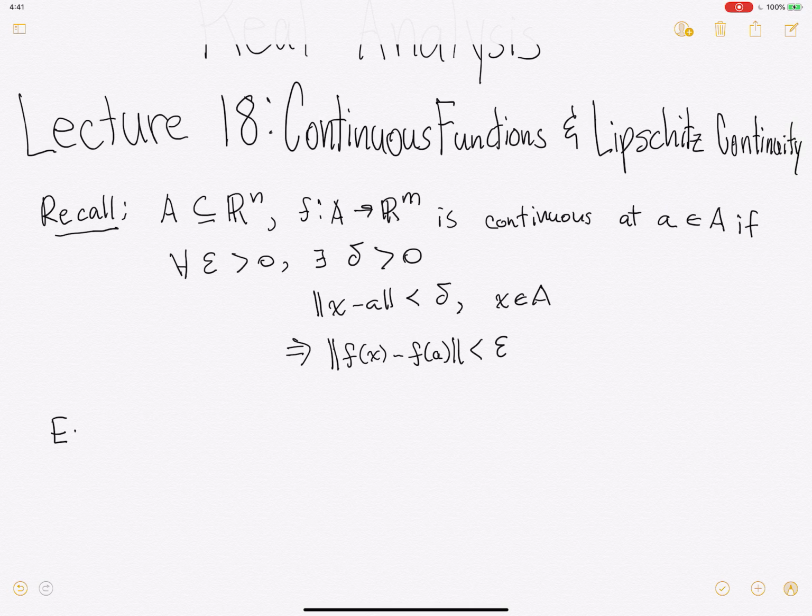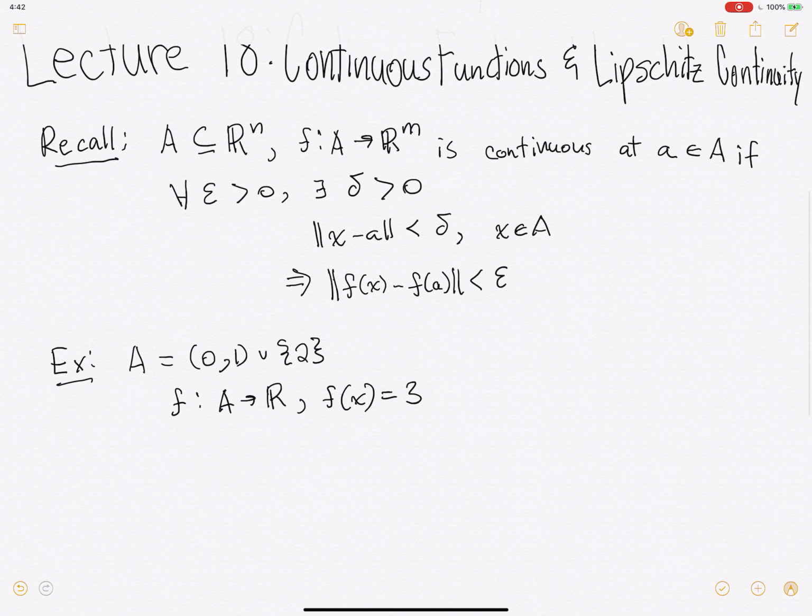An example that we looked at last time and I'm going to reintroduce is if you take the union of the open interval from 0 to 1 and you add in 2 to that set, then if you have a constant function, f is continuous at 2, even though the limit doesn't exist.